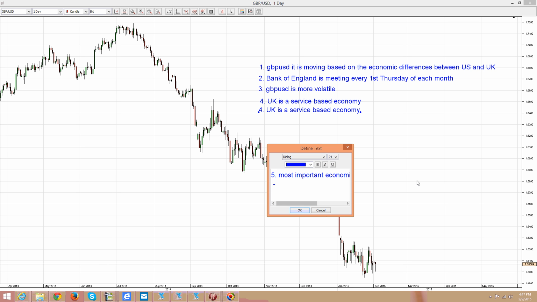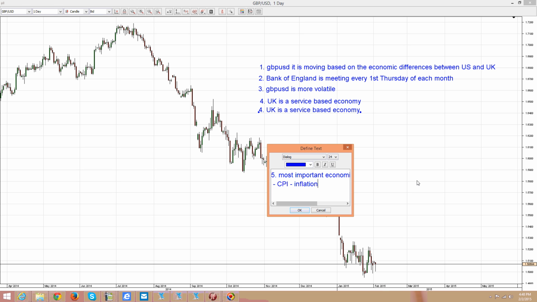Now the first thing, of course, is the CPI, or inflation. The inflation is released on a monthly basis, and it refers to the rising prices from the previous period. It is extremely important because traders, based on the inflation level, will try to have an educated guess about what the Bank of England is going to do at the next meeting.